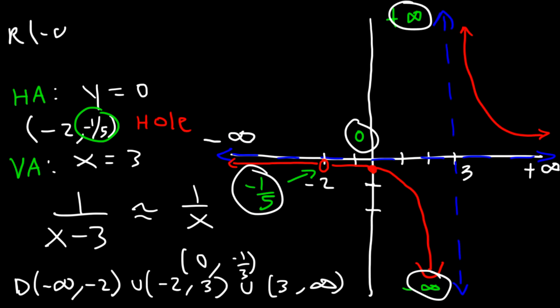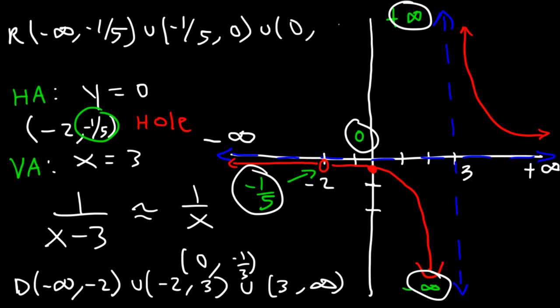So it's going to be negative infinity to negative 1/5 union negative 1/5 to 0 union 0 to infinity. Whenever you're writing the range in interval notation, remove the y-coordinate of the hole and the horizontal asymptote.